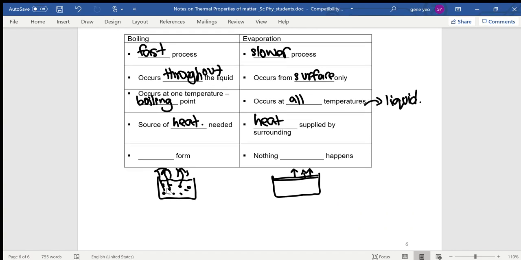Usually when we want to boil stuff, we will need a flame, a specific heat source, whereas evaporation will take the heat from the surroundings. With boiling, usually bubbles form, whereas with evaporation you can't see anything, so nothing visible happens.